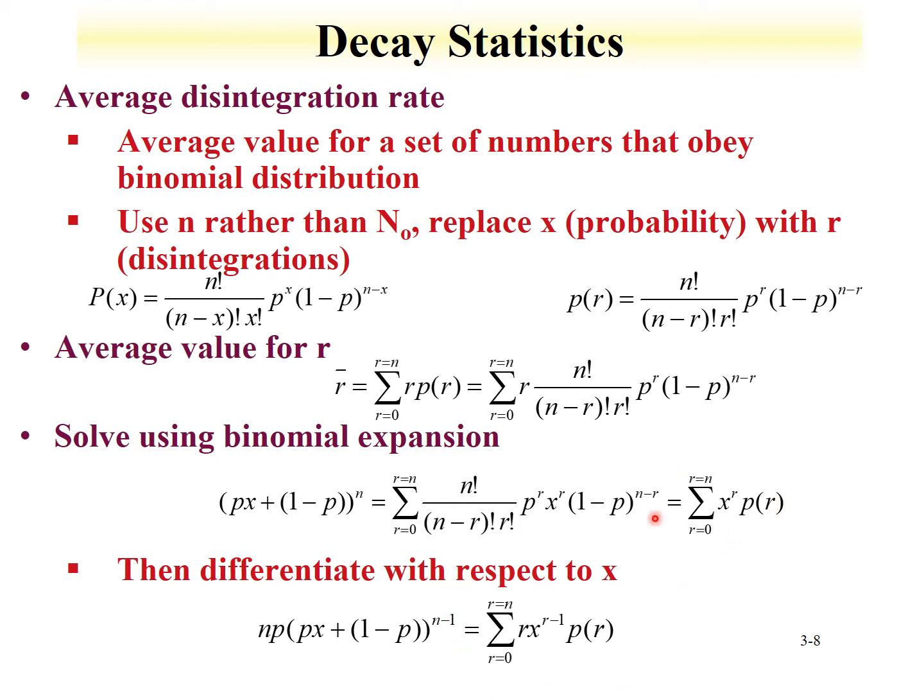So we have this binomial expansion, differentiate with respect to x, and now we have this, which again we're using as a way of trying to describe an average disintegration rate, which is this equation here.